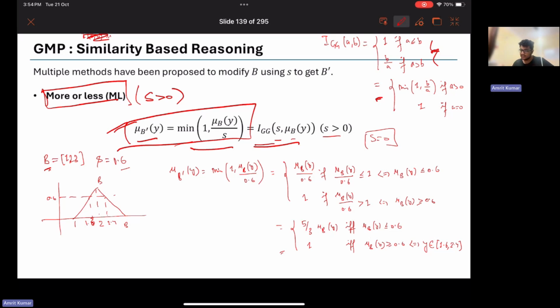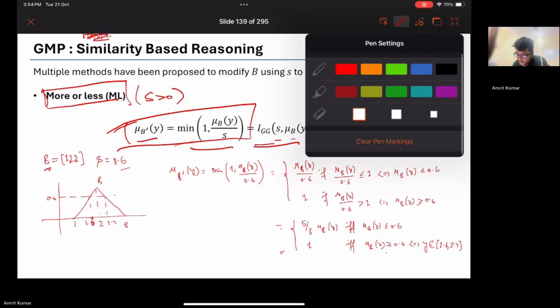It tells us that if the membership of y in B is greater than 0.6, then the membership of y in B dash is 1, right? And if it is less than 0.6, then this membership value is scaled, right? The scaling factor is 5 by 3 in this case, right? So what you end up getting as B dash looks like this.